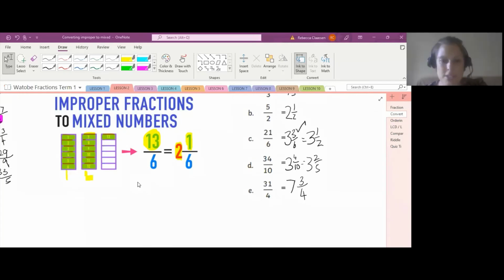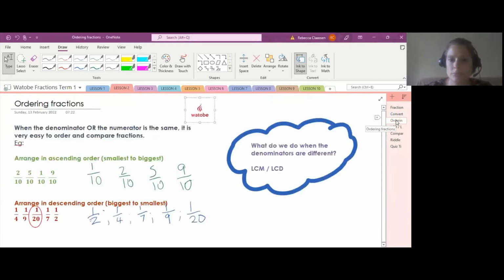Okay, awesome. So we're going to practice more of these. Don't stress if you can't get them all, or if you're not 100% sure how to do it now, because we're going to keep practicing them. These all build onto each other. Okay. So we're going to have a look at ordering. In the last lesson, we said we could order very easily when our denominators were all the same.